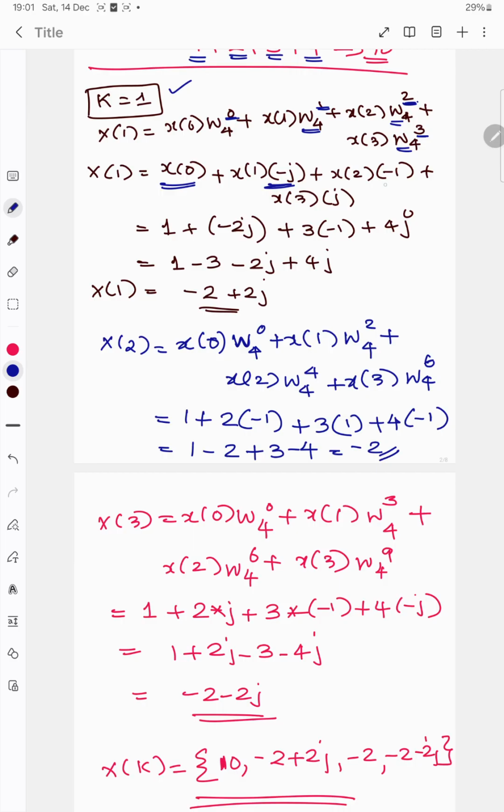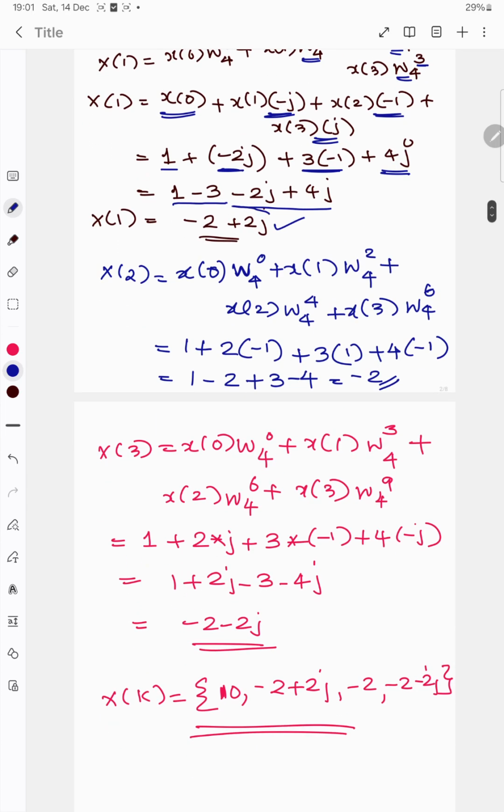Here is 1, here is minus j, here is minus 1, and j. We get 1 minus 2j minus 3 plus 2j. If we simplify, 1 minus 3 minus 2j plus 4j, we get the answer minus 2 plus 2j.